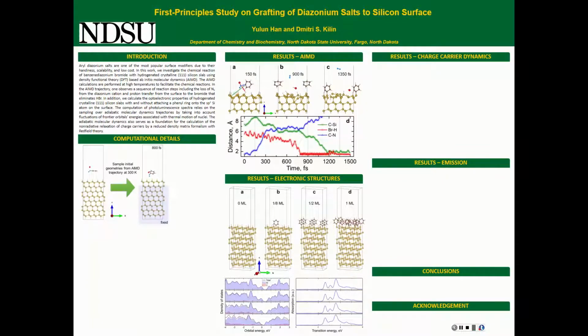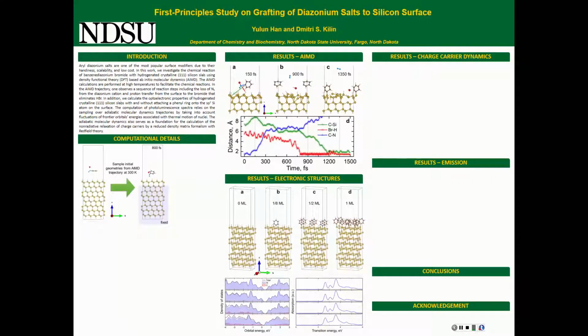As time goes by, we can see the formation of hydrogen bromide. And then finally, we see the attachment of the phenyl ring to the silicon surface. This AIMD is performed at a high temperature, so because of this high temperature, we can see some surface reconstruction.